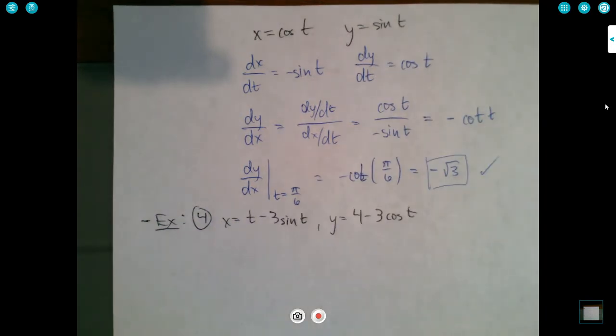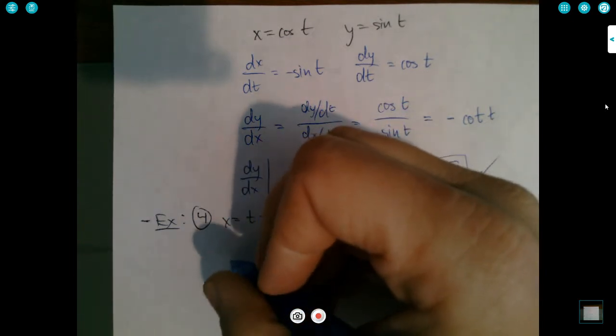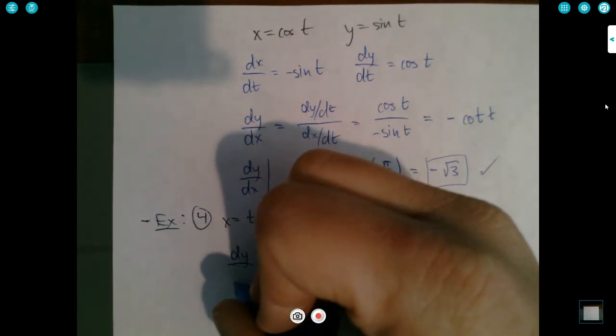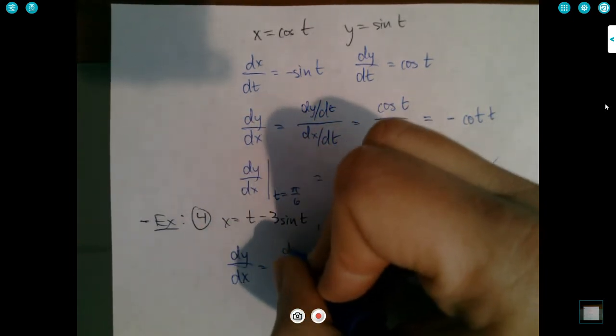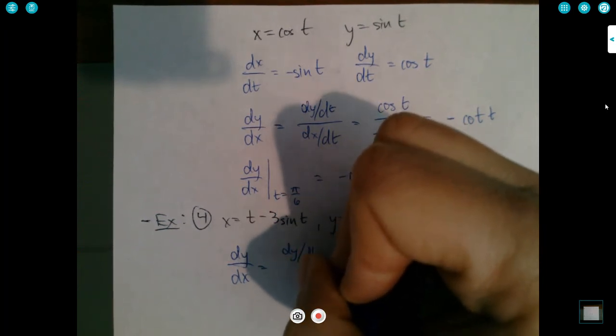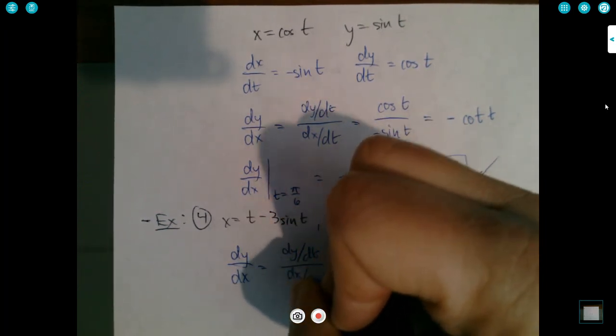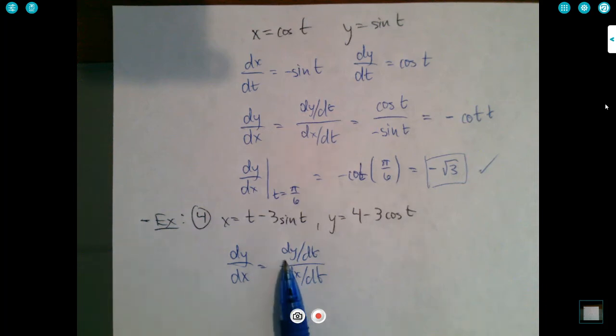In order to determine where this thing is flying horizontally, remember, dy/dx is dy/dt over dx/dt. So it's going to be flying horizontally whenever dy/dt equals 0, assuming that dx/dt does not also equal 0 at that point.